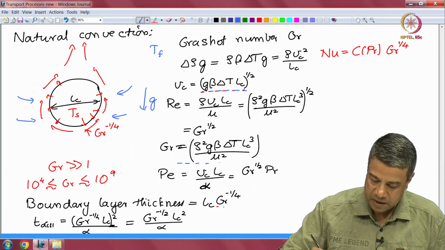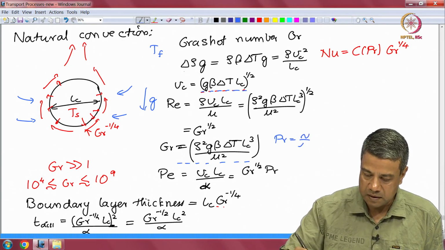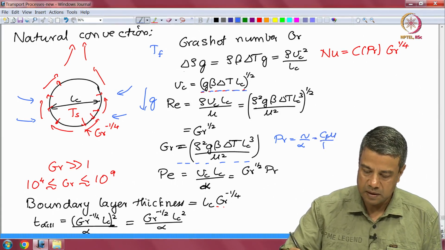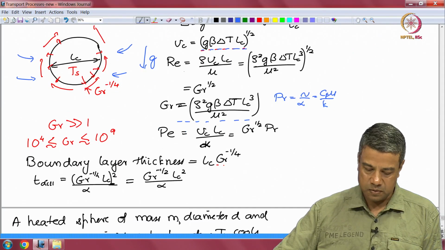The other dimensionless group is the Prandtl number, which is nu by alpha, also Cp mu by k. So, the Nusselt number is a function of these two.